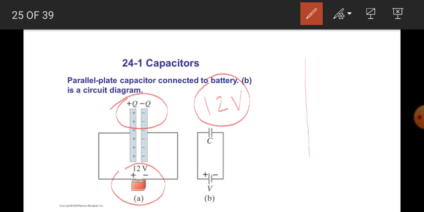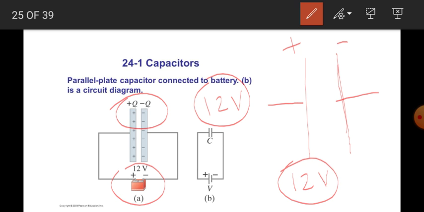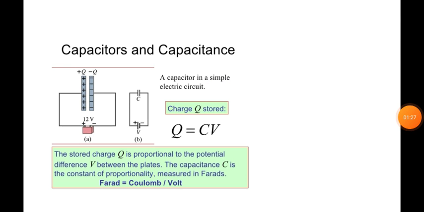In this case, when the capacitor is fully charged, the potential difference between these two plates will be 12 volt, since I am using a 12 volt battery. This is DC current. It will charge up to 12 volt. And if I connect it to a load, it will get discharged.